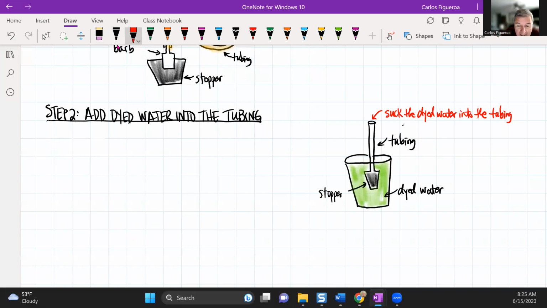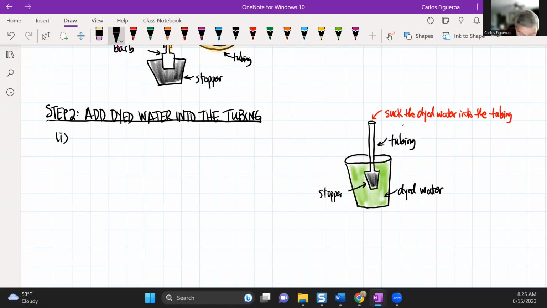That's how you're going to get it in there. Now, I'll be honest, the first time I did this, it tasted like plastic. So if you don't want that, take a Q-tip and some alcohol or whatever, and clean out the tube. It won't taste like plastic, but it definitely tastes like plastic.